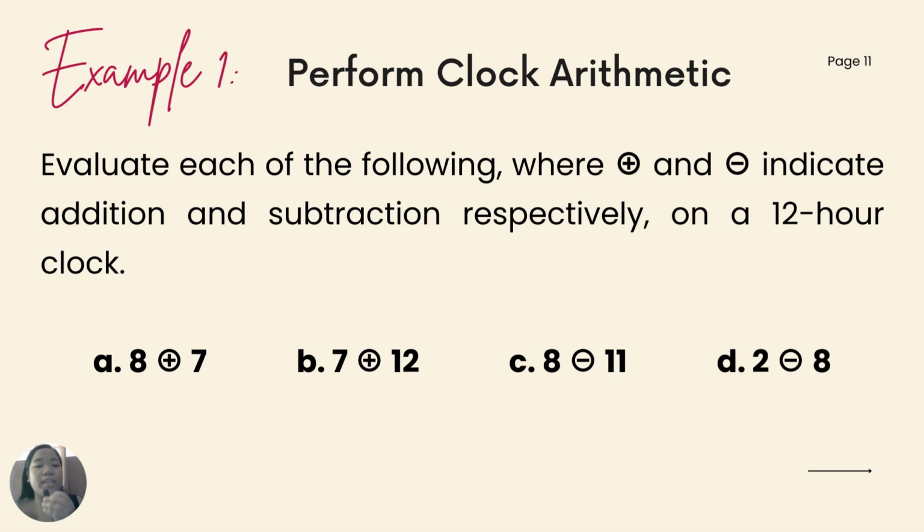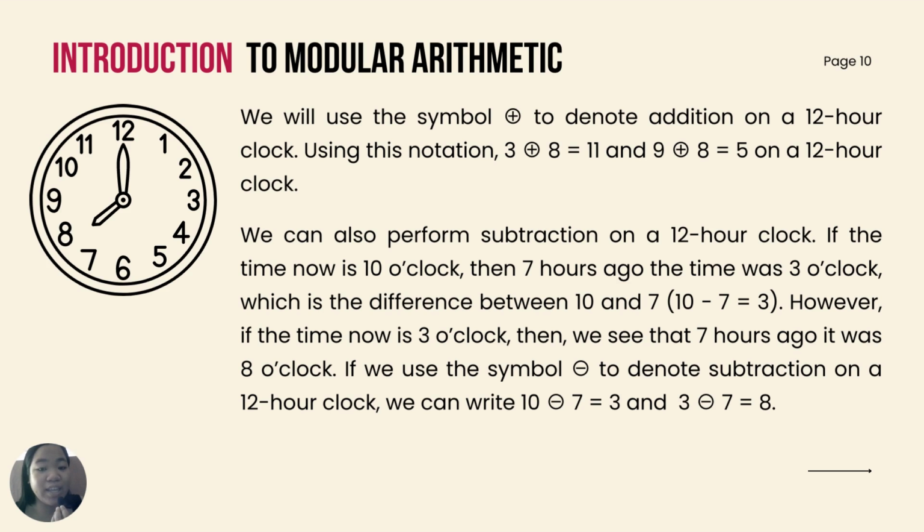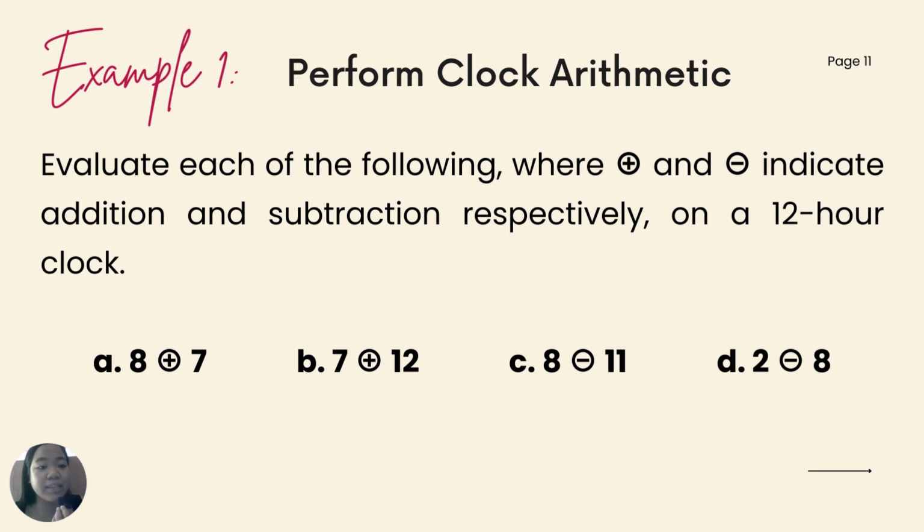Class, let us perform. Who wants to answer? Any questions? Okay, very good. Perform clock arithmetic. Evaluate each of the following, where plus and minus symbols indicate addition and subtraction respectively on a 12-hour clock.